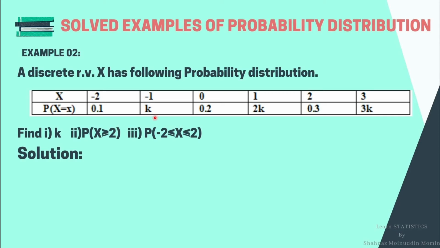Here the value of x is -2, -1, 0, 1, 2, 3 and their corresponding probabilities are given. We have to find the value of k, then probability x greater than or equal to 2 and probability x lies between -2 to +2. So let us start with finding the value of k.